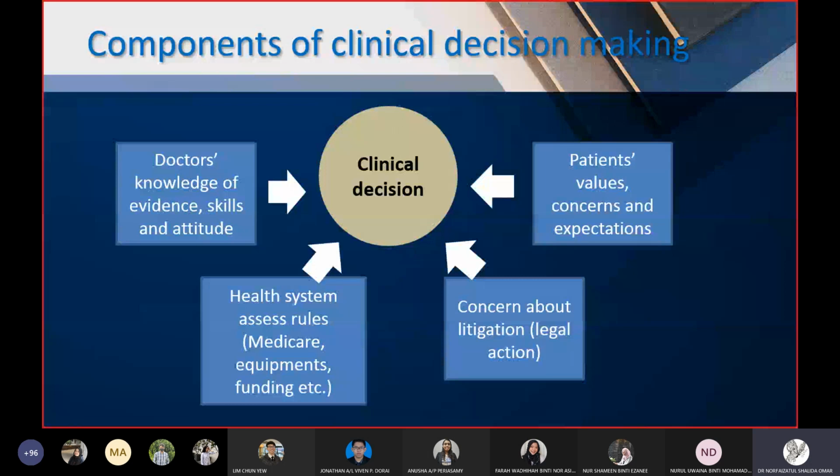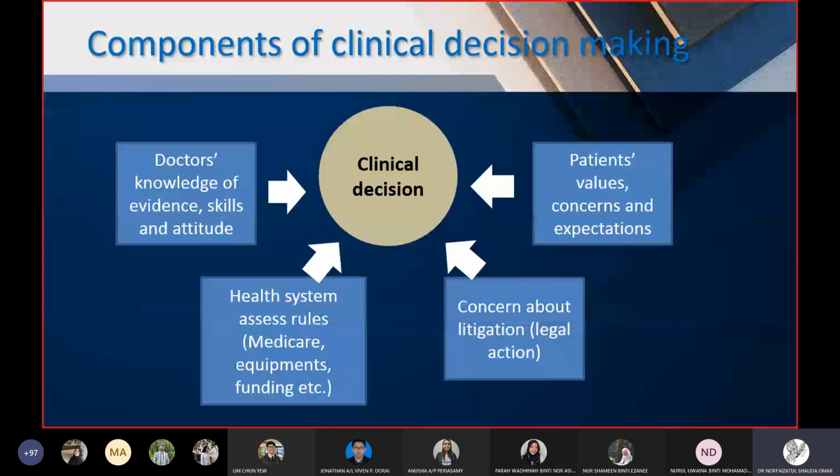CT scan is very expensive, and so is MRI. All of those require funding. So when you make decisions on treating or diagnosing your patient, you have to take into consideration the equipment that you have. Same like the current situation.